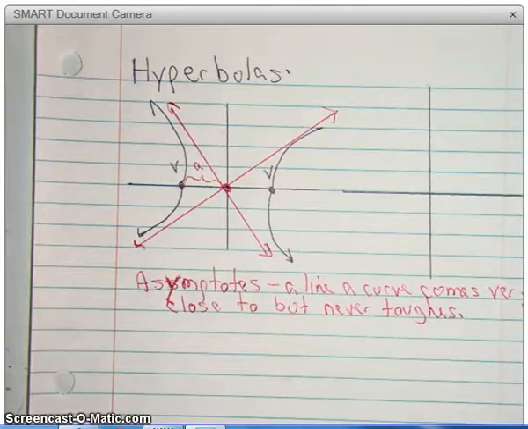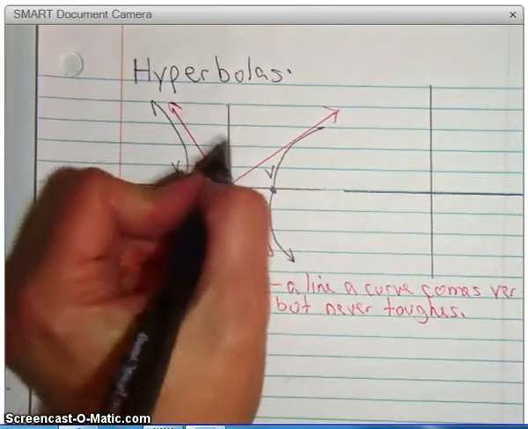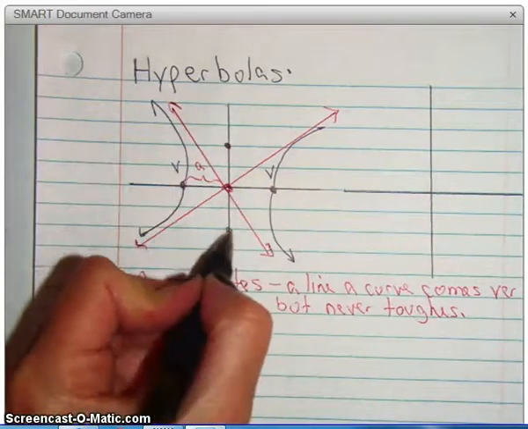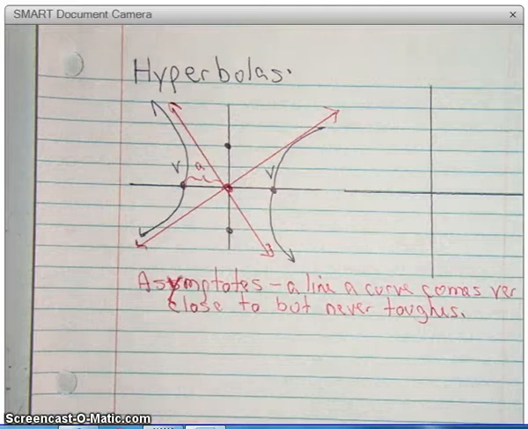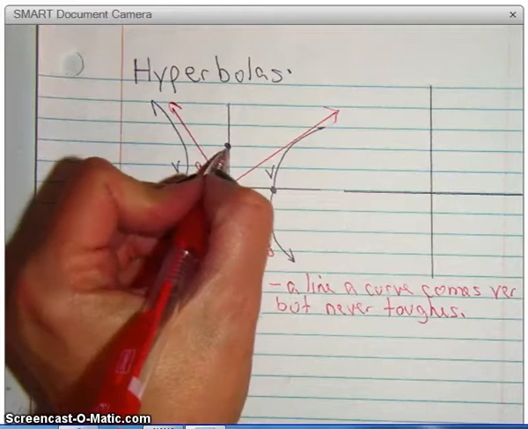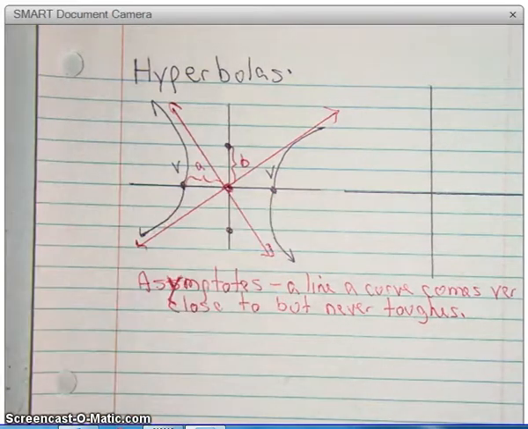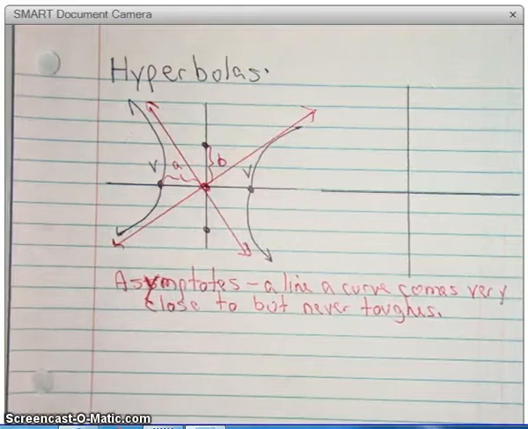They still have points on the other axis, but those points do not have names. The distance from the center to those points is still called B. I'll show you what they do for you in a little bit when we start doing the actual real graphs.